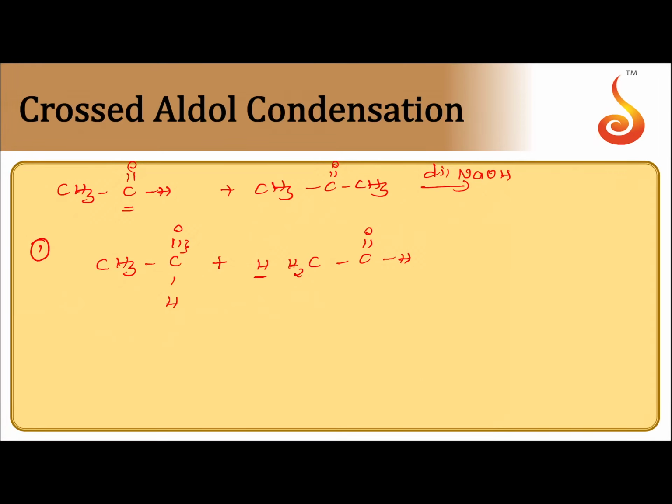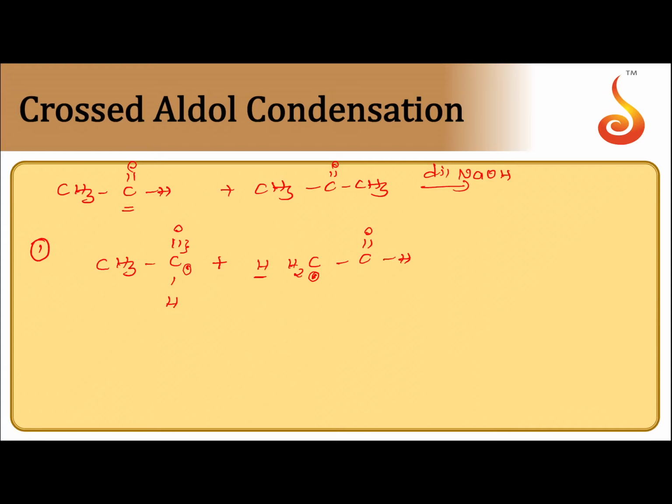Remove this double bond, put this alpha hydrogen atom there, and form a bond between this carbon atom and this carbon atom. Again, I am repeating, this is the shortcut for aldol condensation.